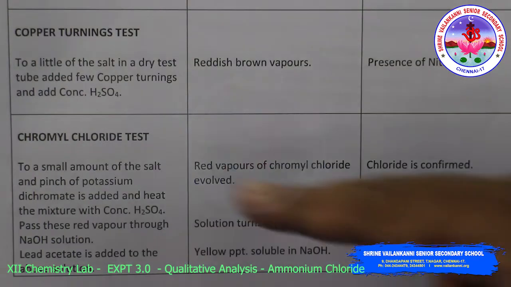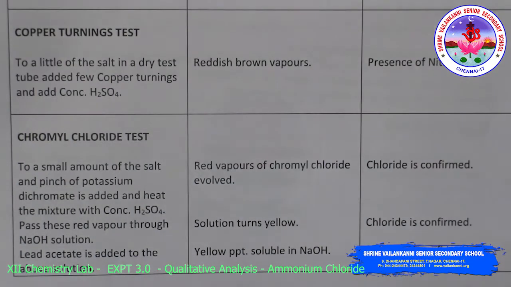Then the chromyl chloride test, a very important test, the confirmation test for chloride. To a small amount of the salt, add a pinch of potassium dichromate and heat. Then add concentrated sulfuric acid.